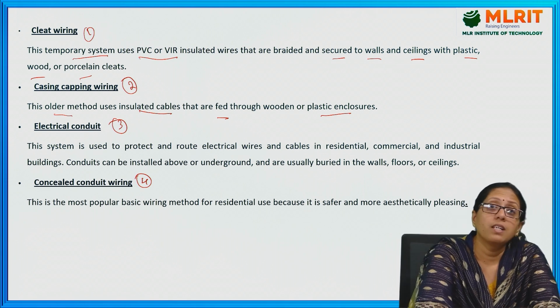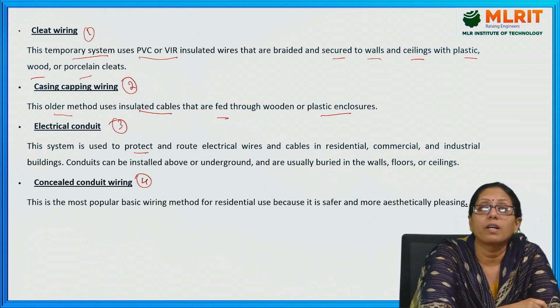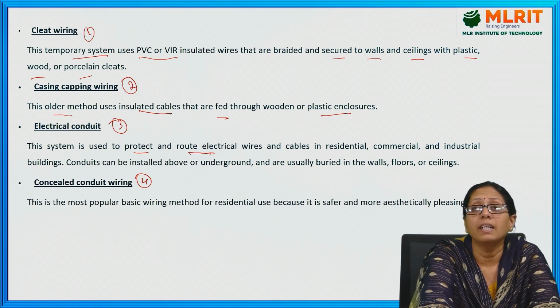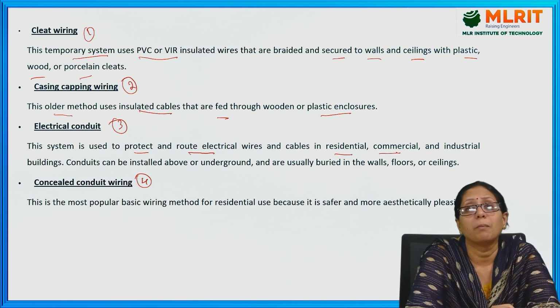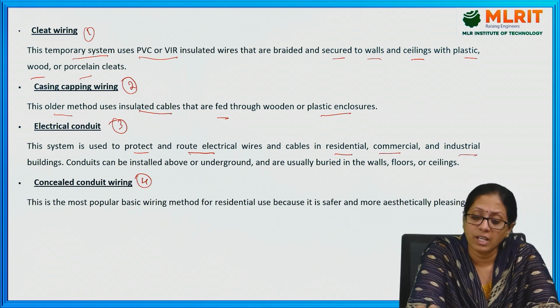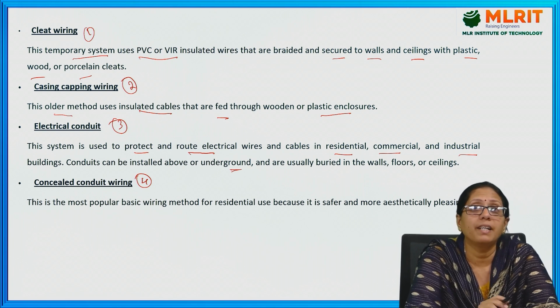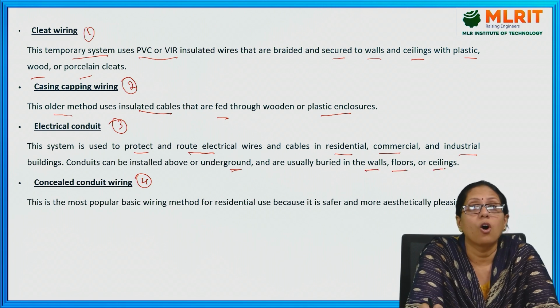The third one is electrical conduit. This system is used to protect and route the electrical wires and cables in residential as well as commercial and industrial buildings also. Conduits can be installed above or underground and are usually buried in the walls, floors or ceilings.